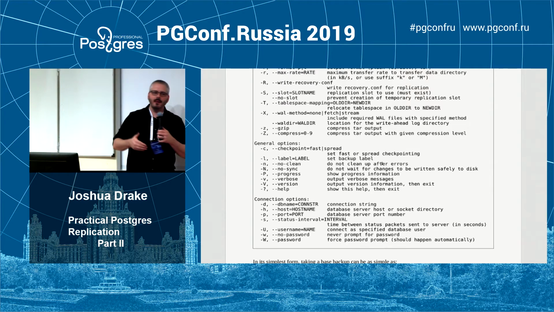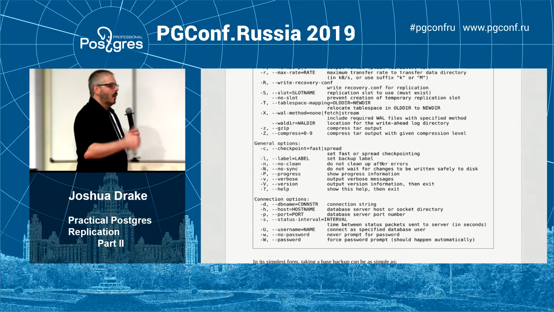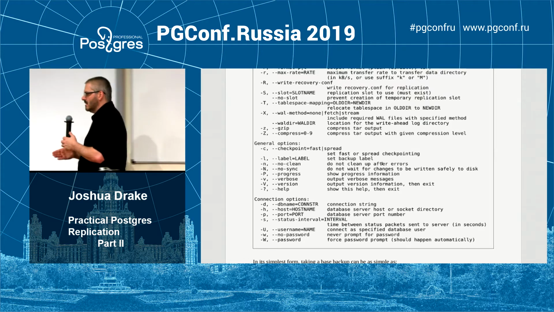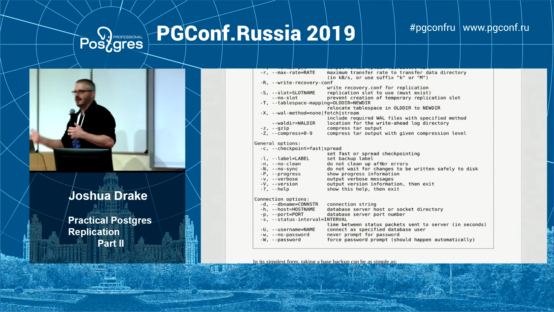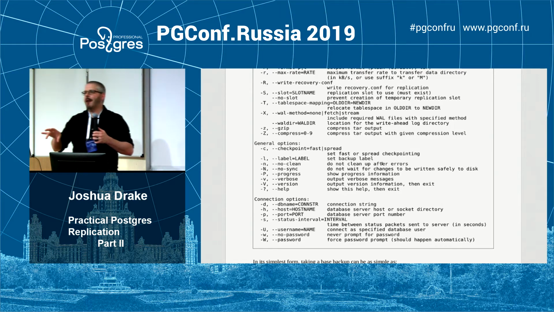So if on the primary you have a tablespace of, say, foo, and it's in /foo, but /foo doesn't exist on the secondary, it's going to fail when you bring it up. So what you're able to do is remap foo to, say, bar, so that it won't fail.